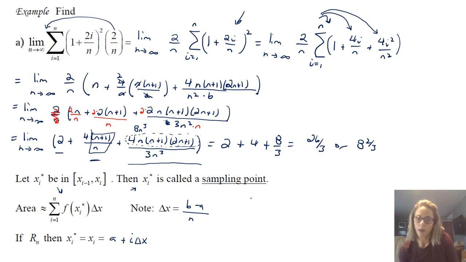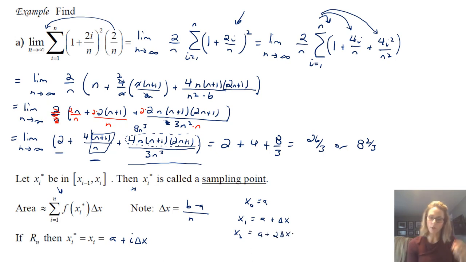So your x sub 0 is just a. X sub 1, not surprisingly, is a plus the change in x. If we did another one, then we'd want 2 change in x's for the next value. And this really does follow what we just did earlier, but it's just that general form. So x sub 3 is a plus 3 times change in x, and so on and so forth.